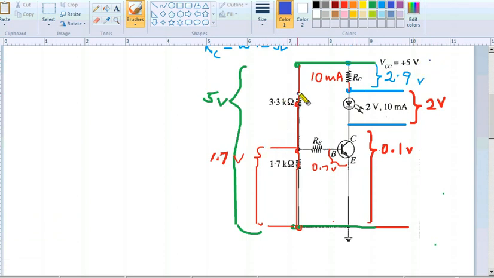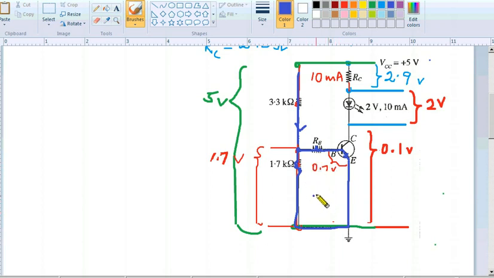So the current flows through this resistor, and at this junction some current flows through this base resistor and through this diode of the transistor and to the ground, and some current passes through this 1.7 kilo ohm resistor and that also goes to the ground.